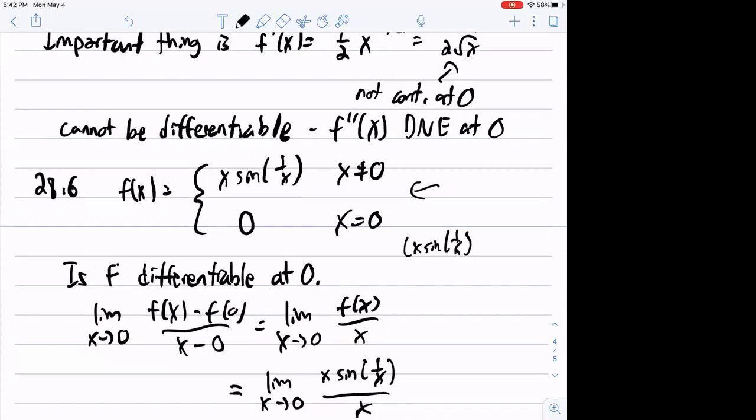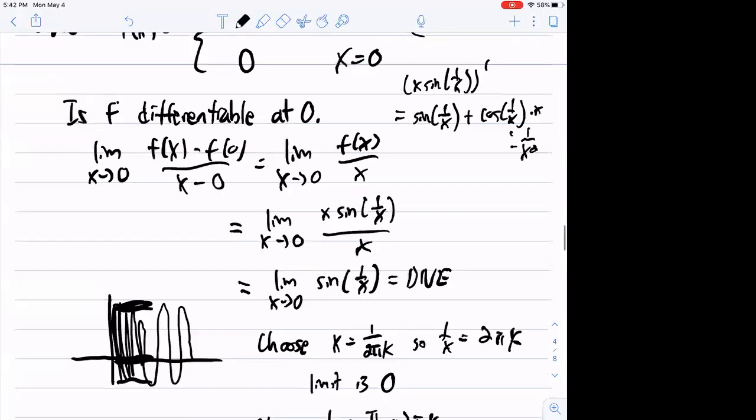If you just take the derivative, you get sine of 1 over x, and then you add the derivative of sine, cosine. You could check by hand, and you could check: is this function continuous at 0, differentiable at 0? But you could do that for every question except for the other one, right?